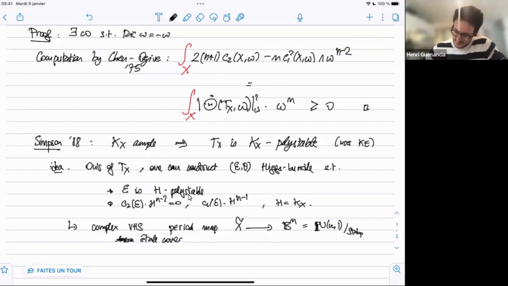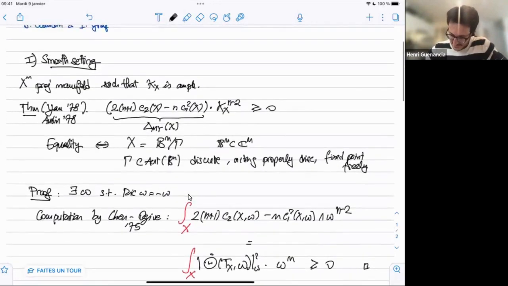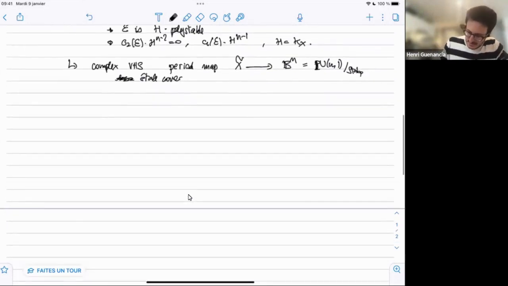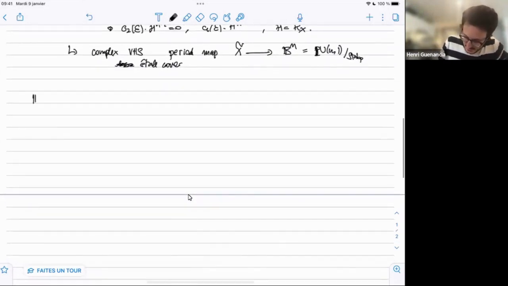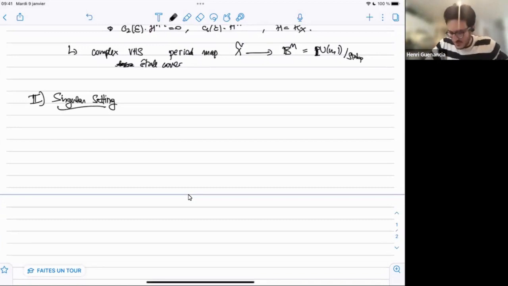Okay, and now that's maybe where I want to stop for the smooth setting. So let me move on to the singular setting. And I want to justify why we're interested in singular stuff.